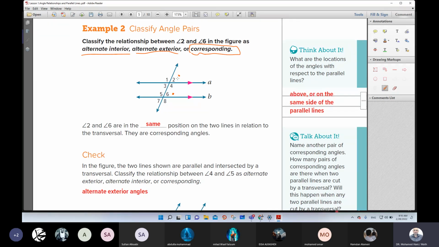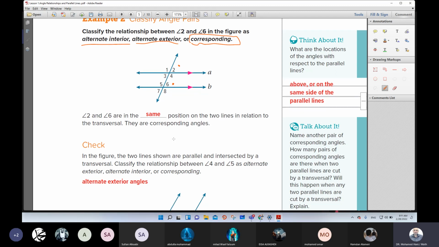One inside and one outside in the same side and in the same line. So the name of the two angles here will be corresponding. So angle 2 and angle 6 are in the same position on the two lines in relation to the transversal. They are corresponding angles.